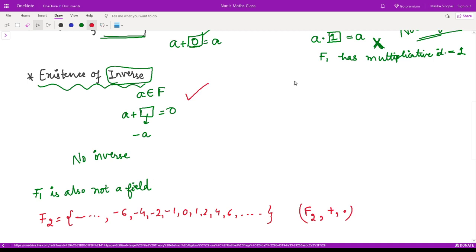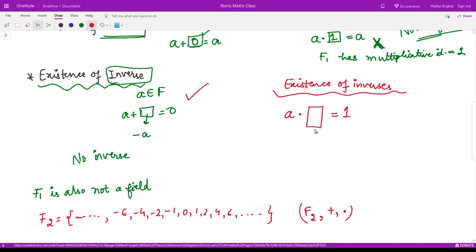Now let us check for the existence of multiplicative inverses, right, under multiplication. So if I have some number A, then what should I multiply to this number so that I obtain the multiplicative identity? What is that? That is 1.